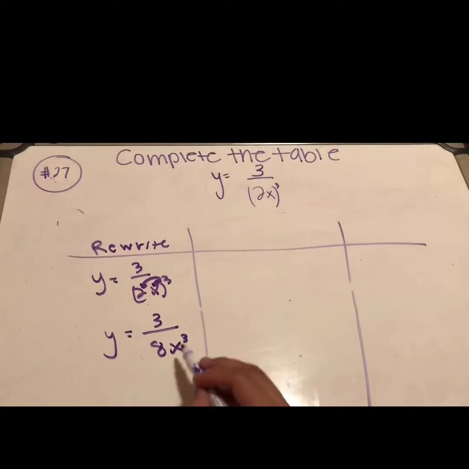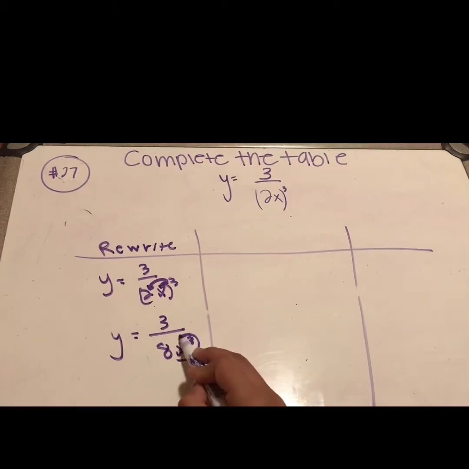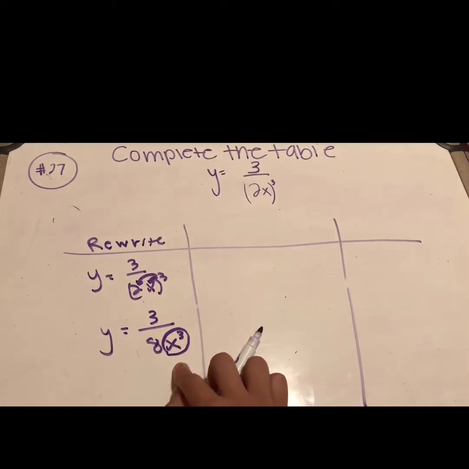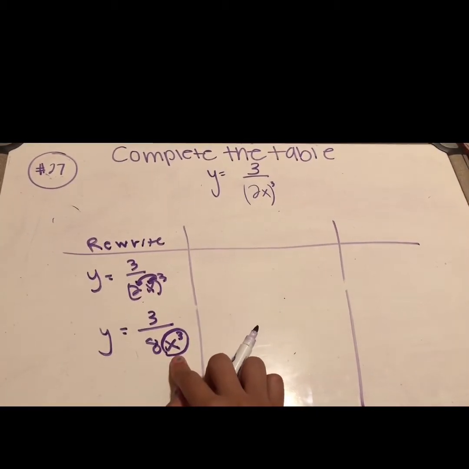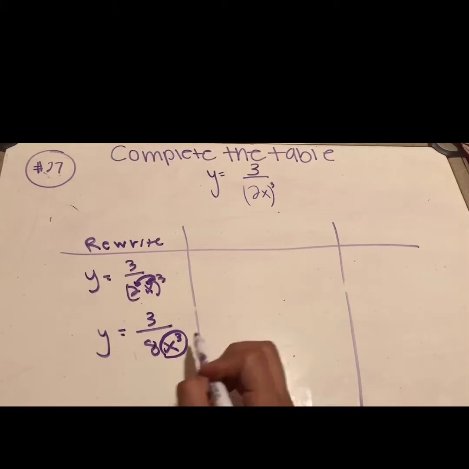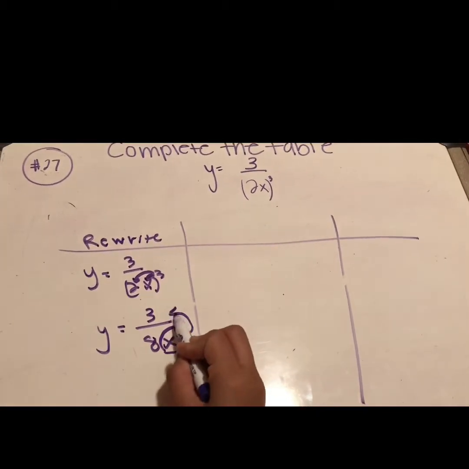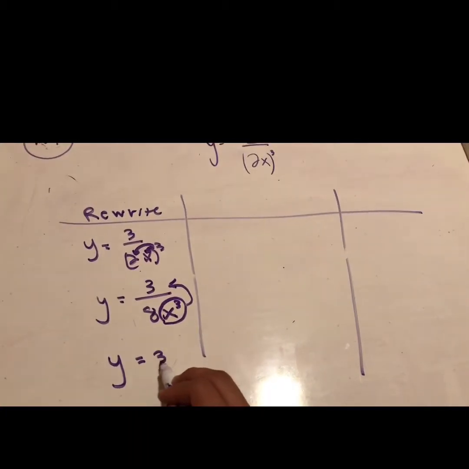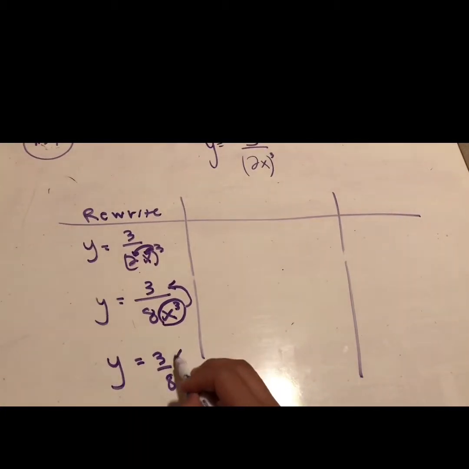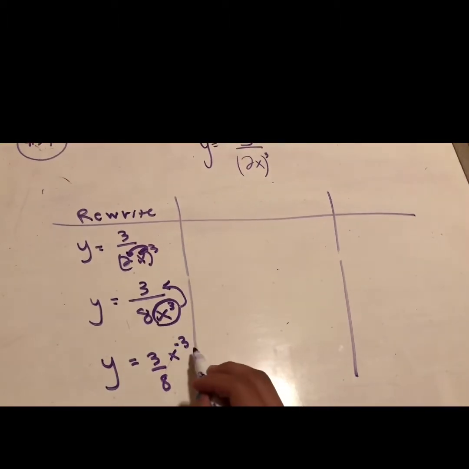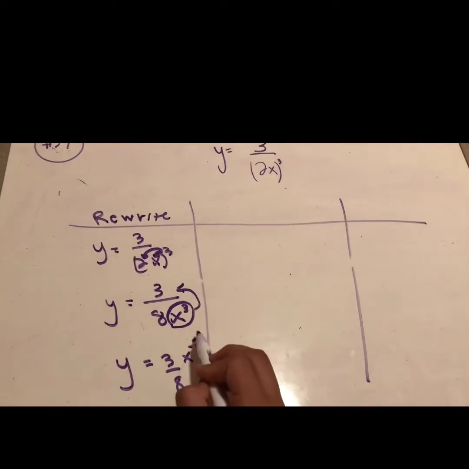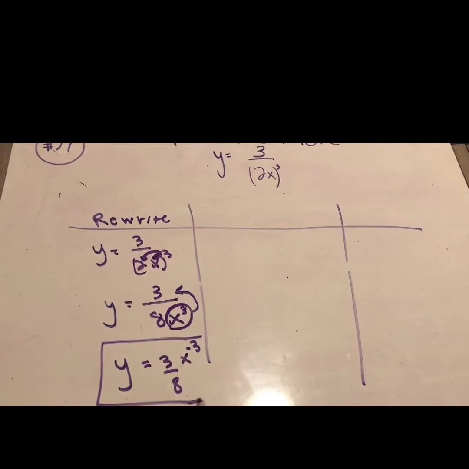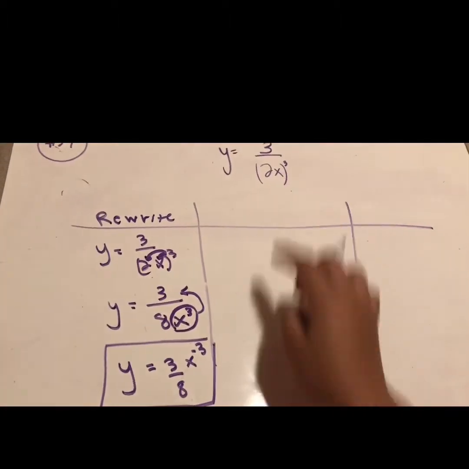But as I mentioned in the other problem, we don't want any exponent in our denominator. So we're going to have to move this up. So then we would have y equals 3 over 8 x to the negative 3. And this would end up being the correct way to rewrite this problem.